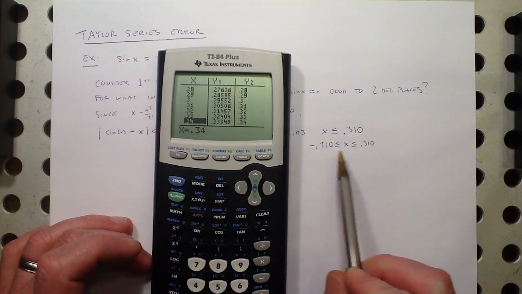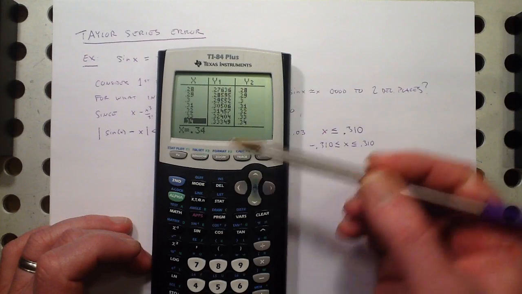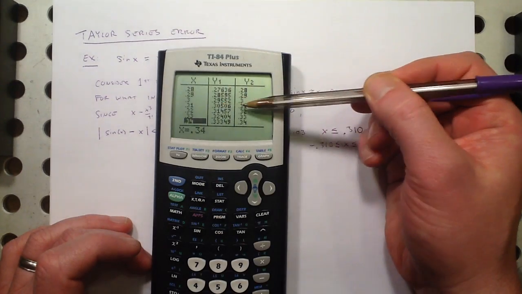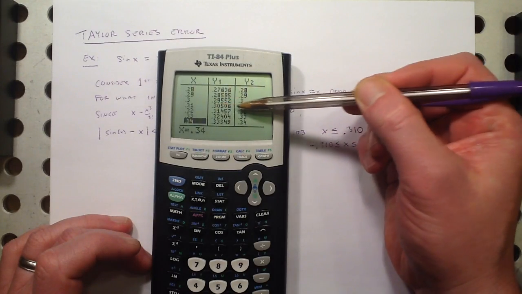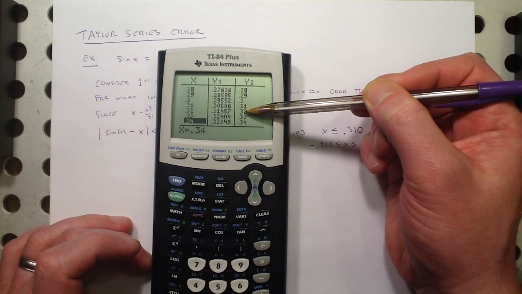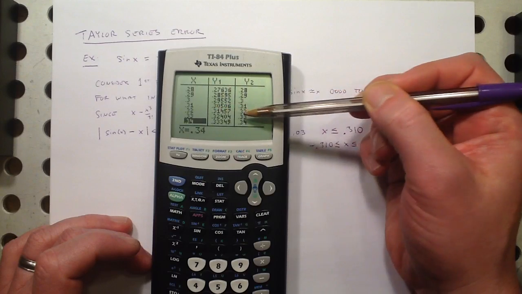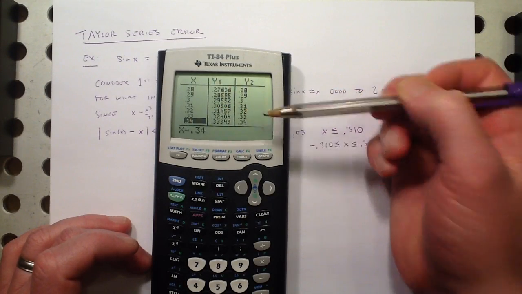And then when we get to about 0.31, you can see 0.31 rounds, 0.305, it just barely rounds so that they would be the same. And as soon as you get to 0.32, that's the first one that does not round to the same thing.